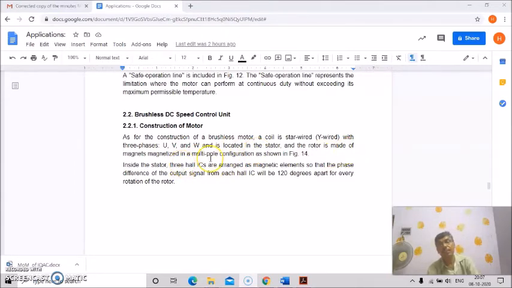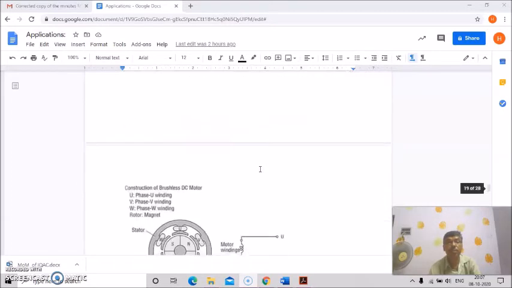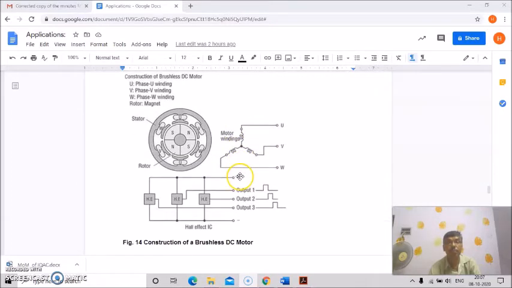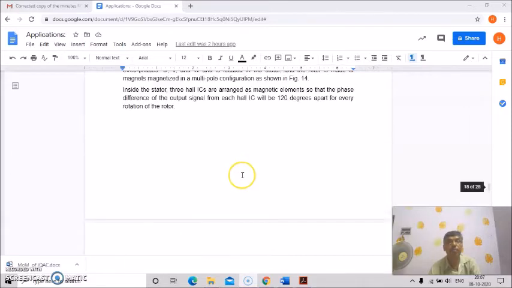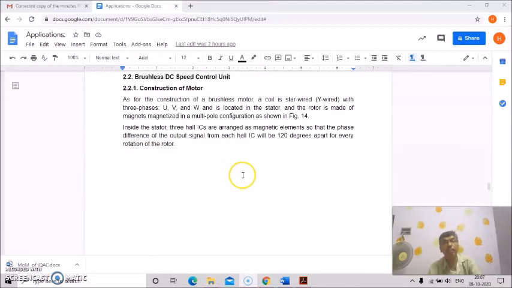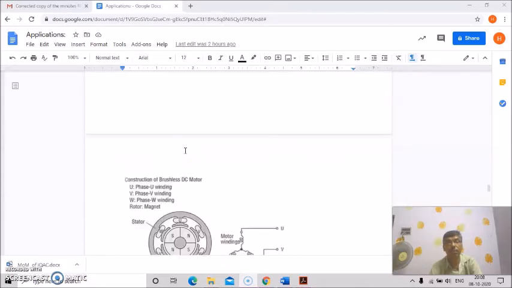It's magnetized in a multipole configuration, as shown in this figure. Inside the stator, three Hall ICs are arranged as magnetic elements, so that the phase difference of the output signal from each Hall IC will be 120 degrees apart for every rotation of the rotor.